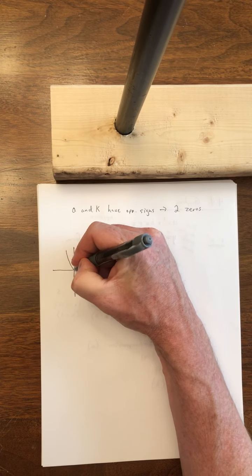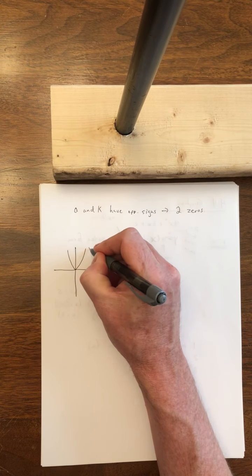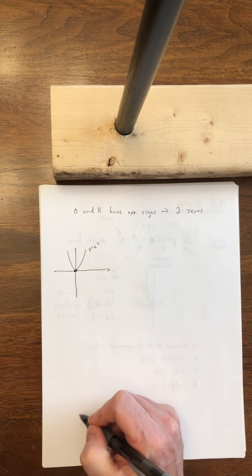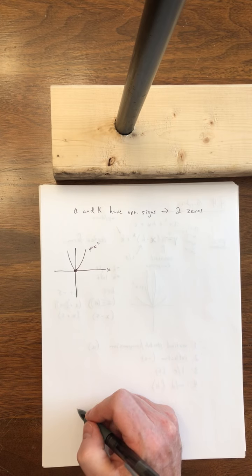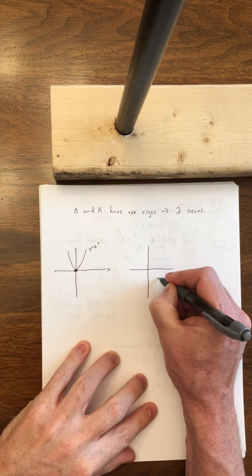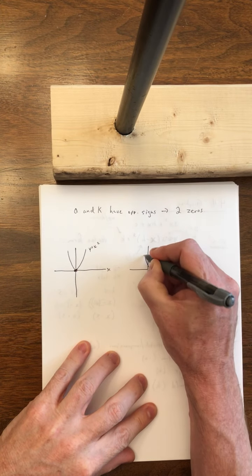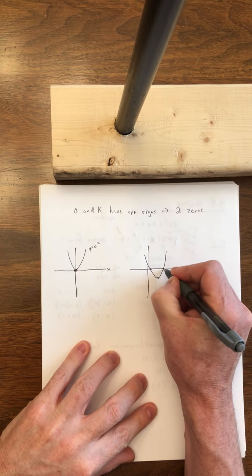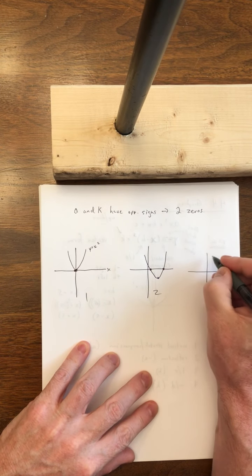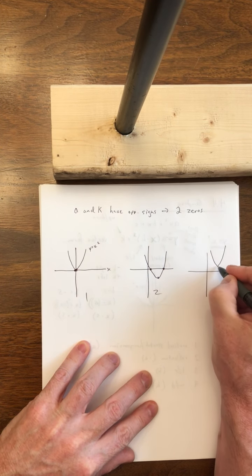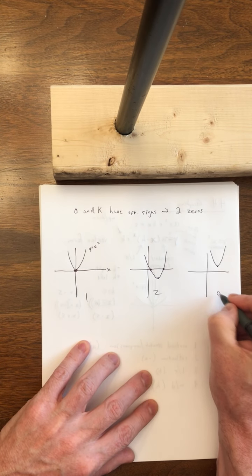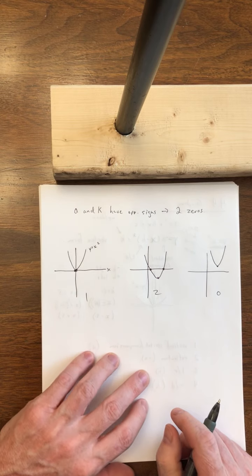So our most basic y equals x squared parabola has 1 zero. It meets the x-axis at one spot. This parabola here has 2 zeros, and this parabola here, shifted up and to the right, has 0 zeros.